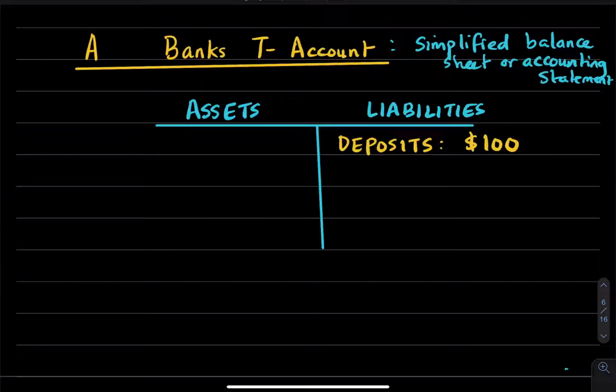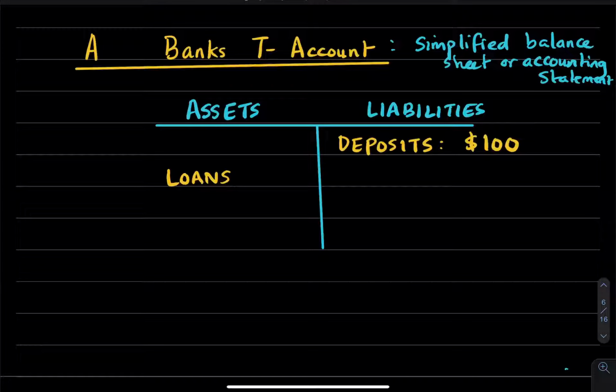Okay, now when you think about the assets of a bank, the loans that a bank makes are its assets because they represent the bank's claims on its borrowers. So loans would appear on the left-hand side or on the asset side. But remember or recall that because of the fractional reserve banking requirement or the reserve ratio requirement, not all of these $100 can be loaned out.